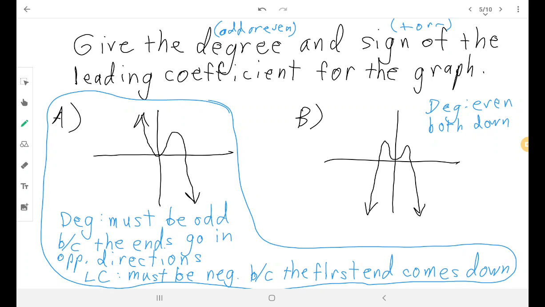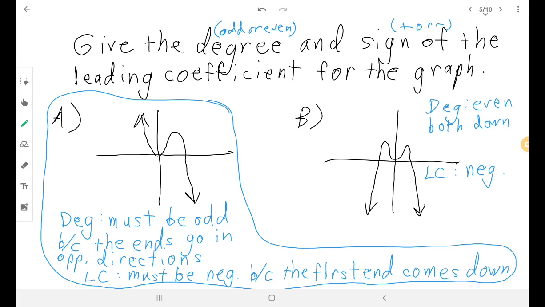If you've got the same directions on both sides, your degree is even. And then because they're both down, the leading coefficient has to be negative. So for an even degree polynomial, if both ends point down, you've got a negative leading coefficient. If both ends point up, you've got a positive leading coefficient.